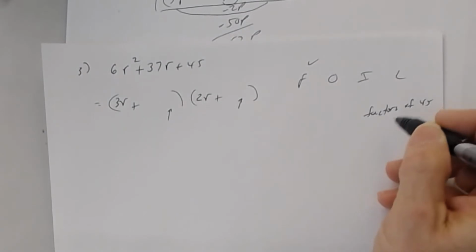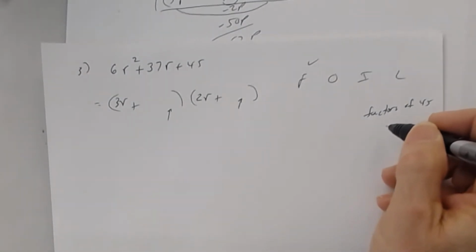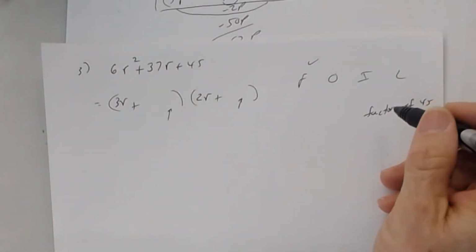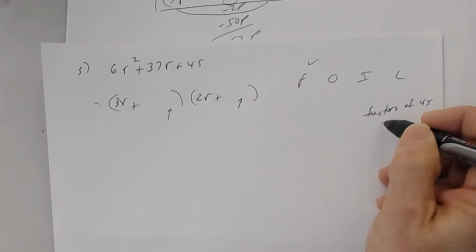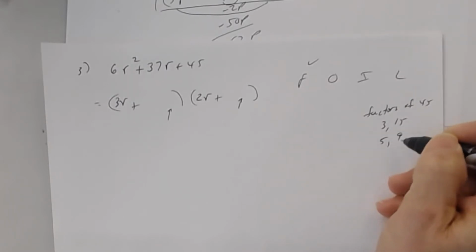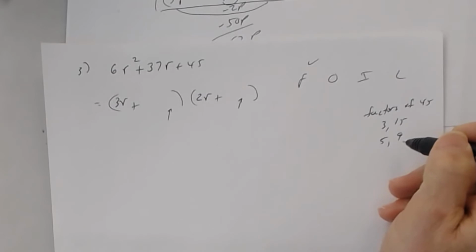All right, let's think about the factors of 45. So in your mind, you're thinking 1 and 45, right? But obviously we're not going to use 1 and 45 here. Let's try 3 and what? 15. 5 and 9. And that's about it, right?